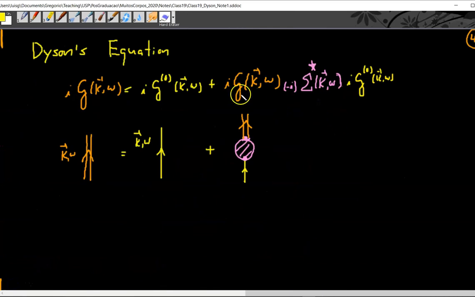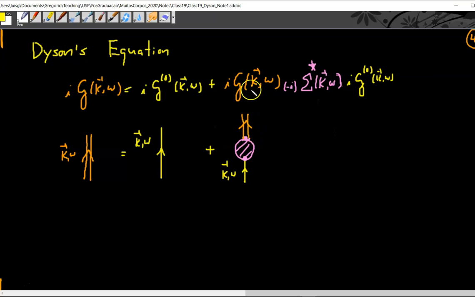There. So this is now Dyson's equation. So I'm relating the interacting Green's function with a non-interacting one, right? The non-interacting one is the zero order term, plus what? Plus what I just mentioned. We have now a free propagator with momentum k, frequency omega, coupled to the proper self-energy right here.